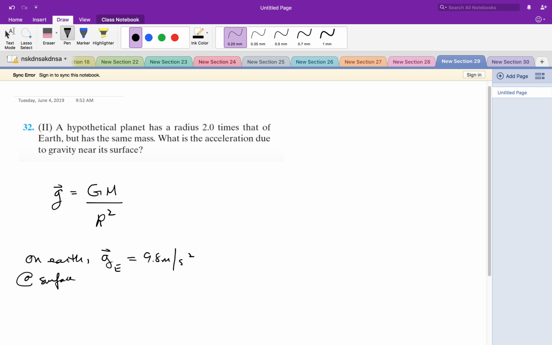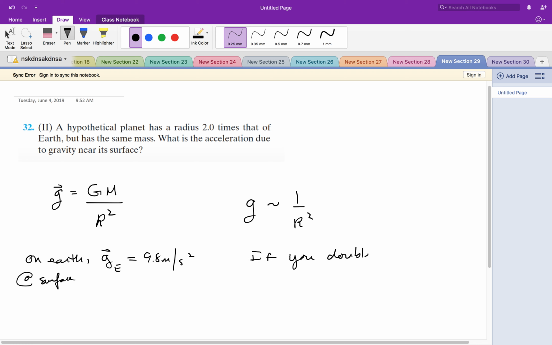Now, you can say that g is proportional to 1 over r squared. So if you double r, basically this number becomes a 2. So it's going to be like 1 over 2 squared, which is 1 over 4.